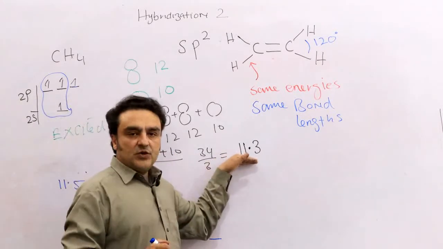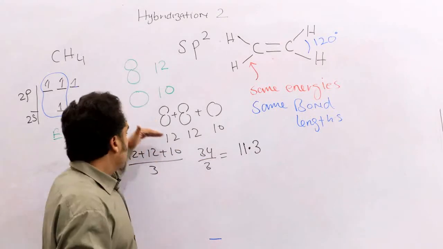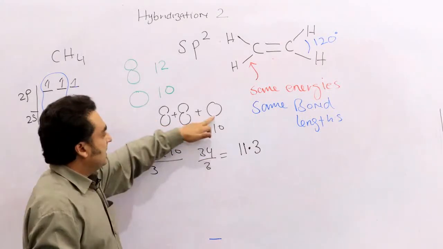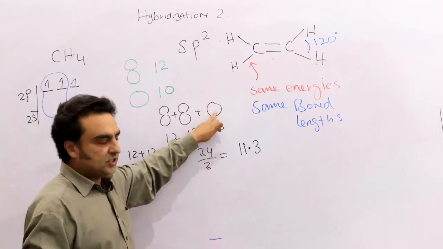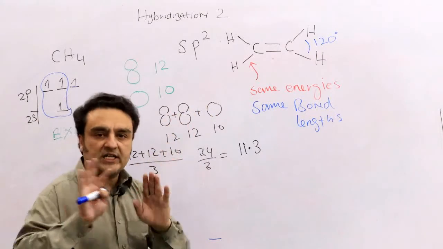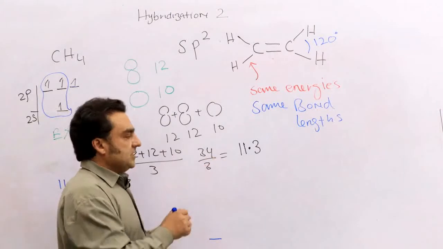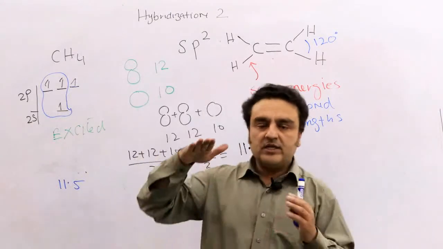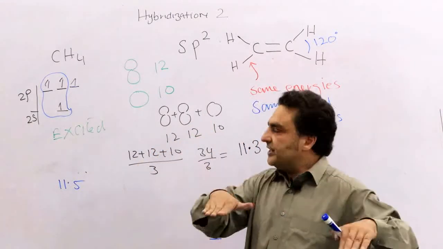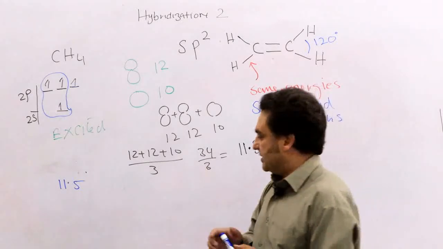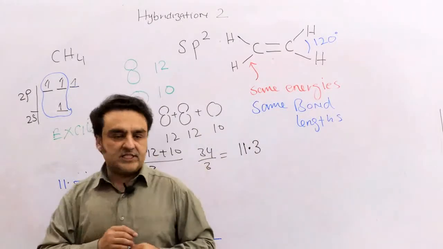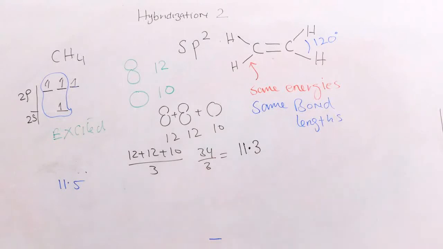Now, what is the energy of these orbitals? Because the s orbital now has a greater proportion, and the p orbitals are not three, they are two, the sp2 orbital is lower in energy than the sp3 orbitals. So one thing we can see, and it should be clear to us.